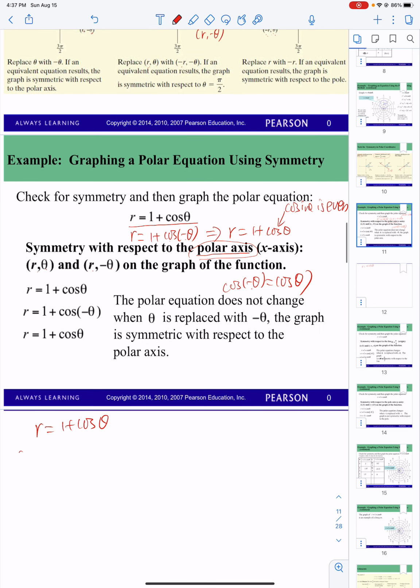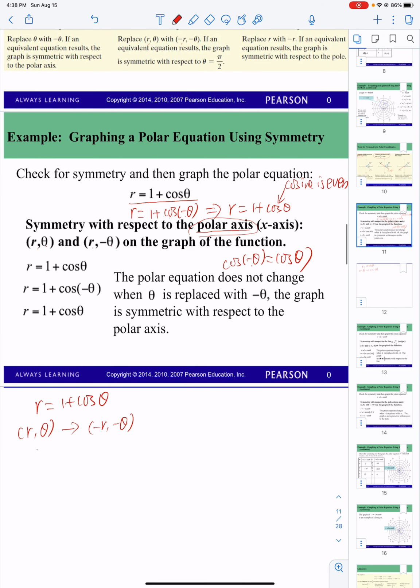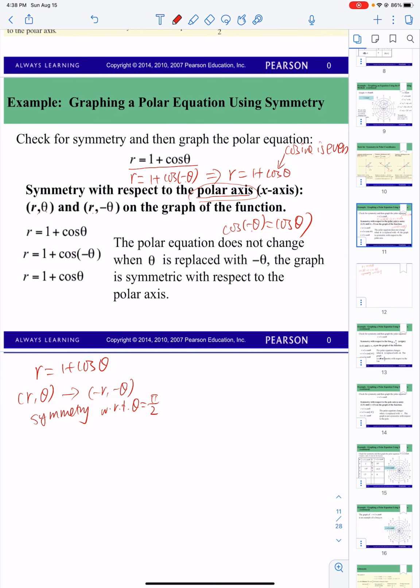So (r, theta) goes to negative r, negative theta. This is called symmetry with respect to theta equal to pi over 2. Now let's check whether they are still equal. r changed to negative r and theta changed to negative theta.